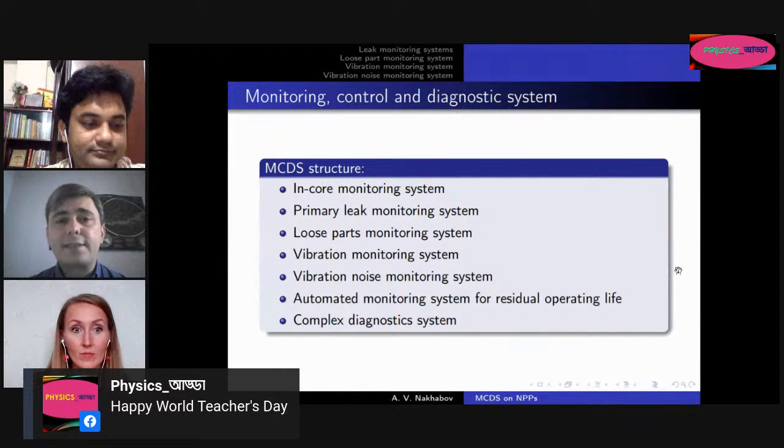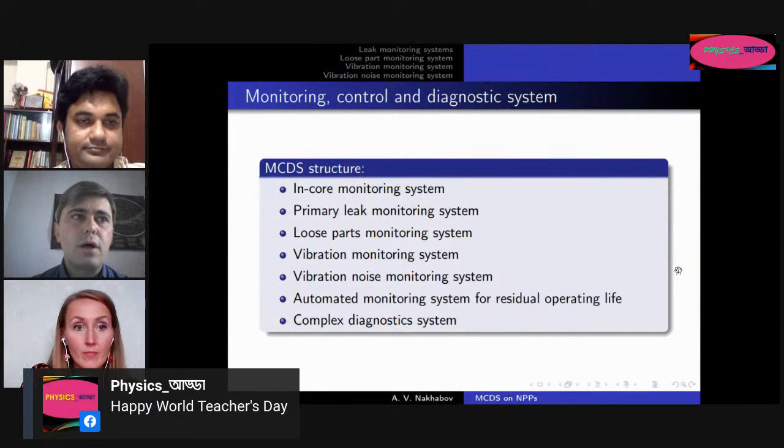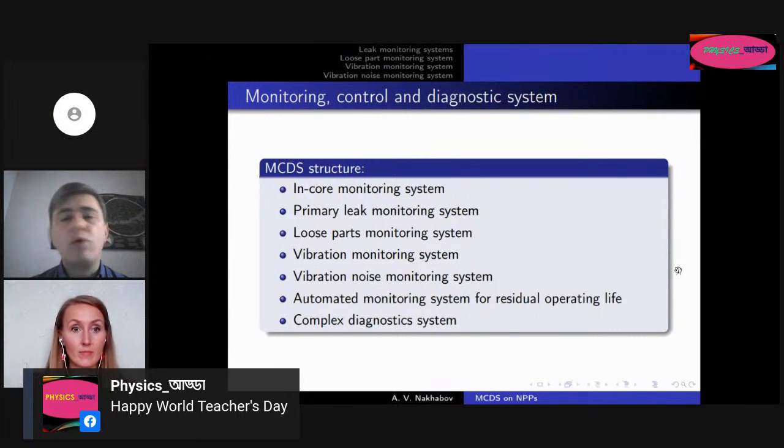But the second class of problems, as I said, is abnormal states like leakages and so on. The problem is these abnormal states can be found only during operation. Actually, there is no way to find possible leakage during the outage period.